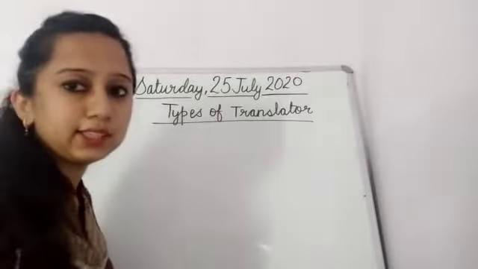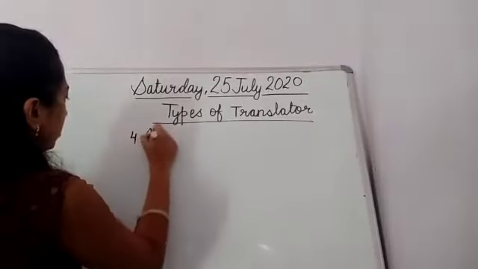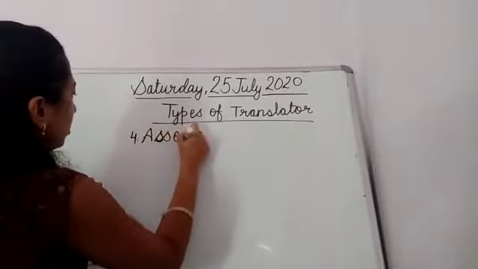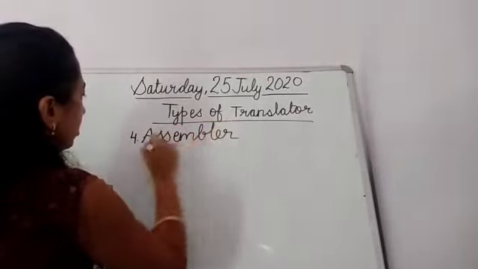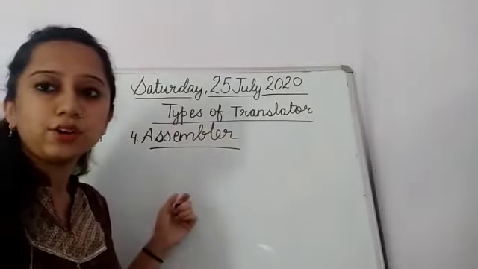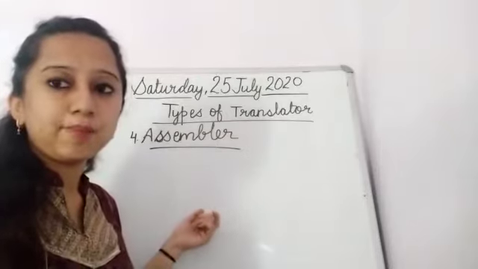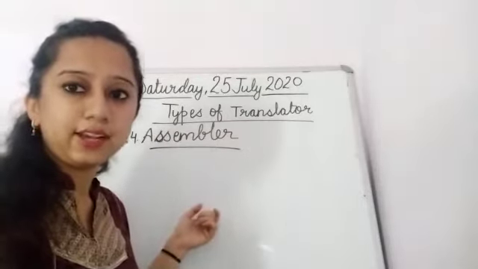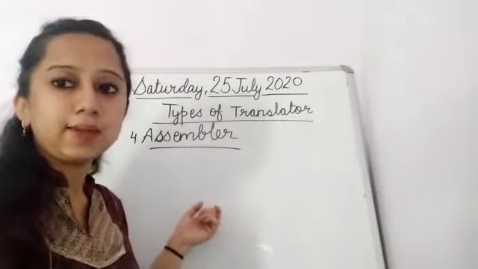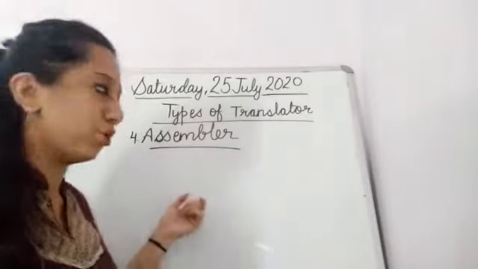Number 4 is assembler. Assembler I had told you earlier also, just now I am again explaining you. Assembler is also a type of translator and it changes assembly language into machine code.